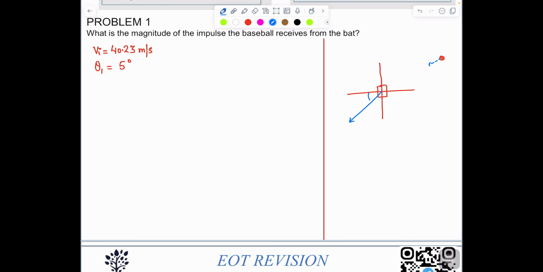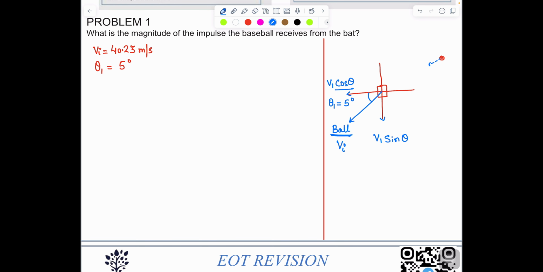So with the horizontal, this angle theta 1 is equal to 5 degrees. Clear guys? So this is the case of the ball, and the ball velocity is vi. If we break it, there are two components. The downward one will become v1 sine of theta, and here it will become v1 cos of theta. Understand?